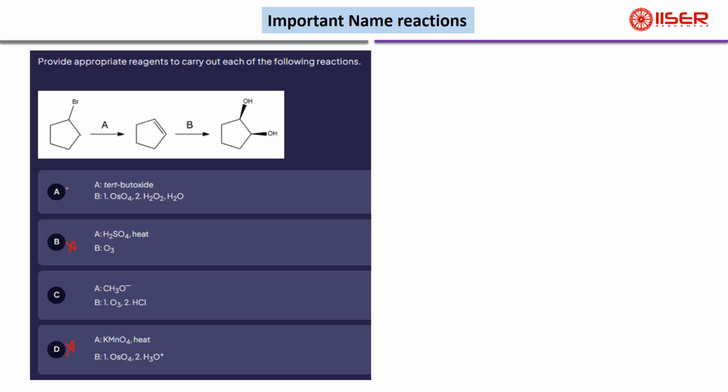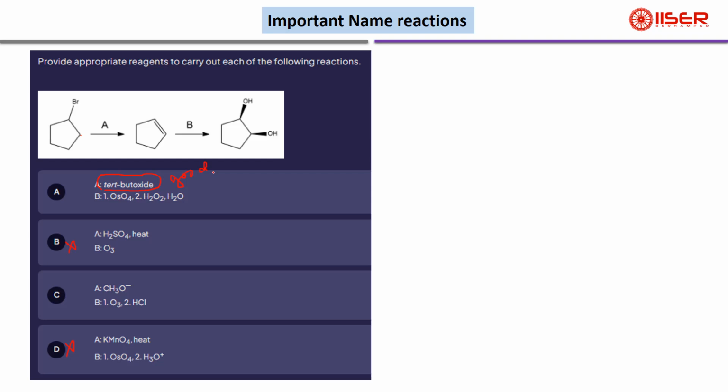So the options are between tertiary butoxide or methoxide. Between tertiary butoxide and methoxide, tertiary butoxide is a better base than methoxide due to its bulky size. For elimination we need a good base, not a good nucleophile.